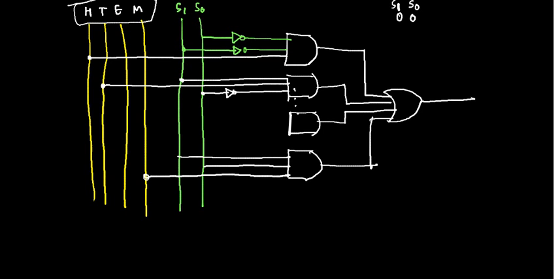Is that okay? Similarly here, you need to select this one based on 1 0, right? So I'll put an inverter here. So all 4 of them are getting selected based on the selection lines. Is it okay? Is it okay?